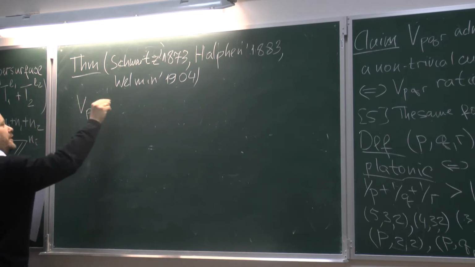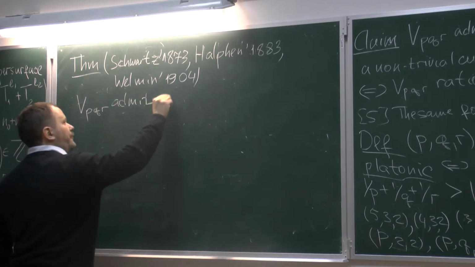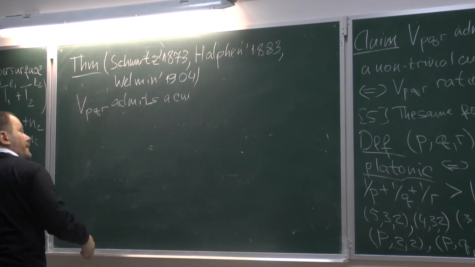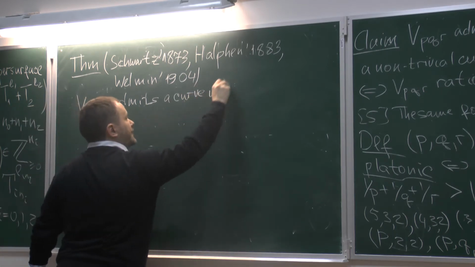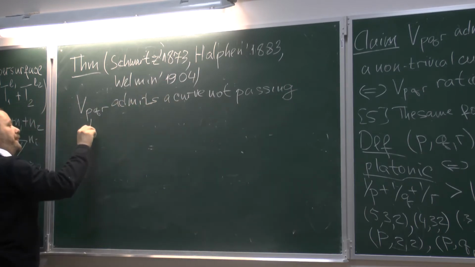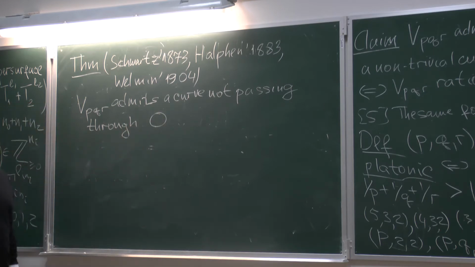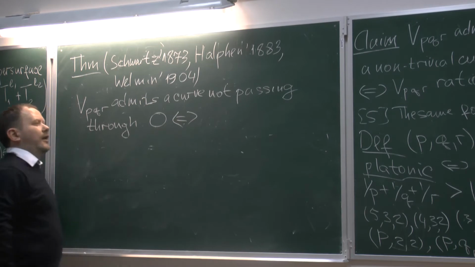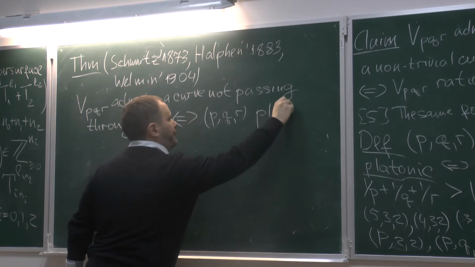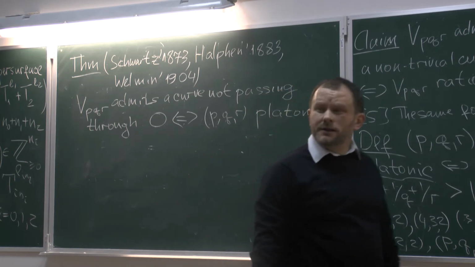Our surface admits a curve not passing through the origin, through 0, if and only if our tuple is Platonic. Something is missing.